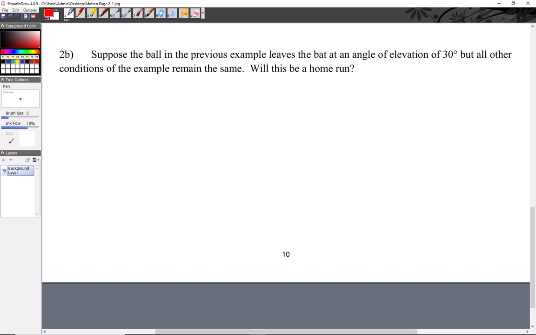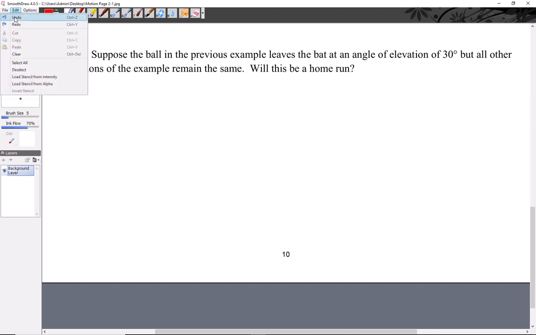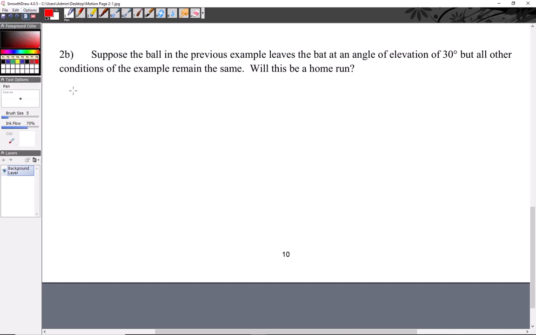Okay, I'm going to assume that you did pause it, so here's what we're going to do. I'll just do it in red. Here's the first step. 400 equals 150 t cosine, now we're at 30 degrees, minus 8.8 t.